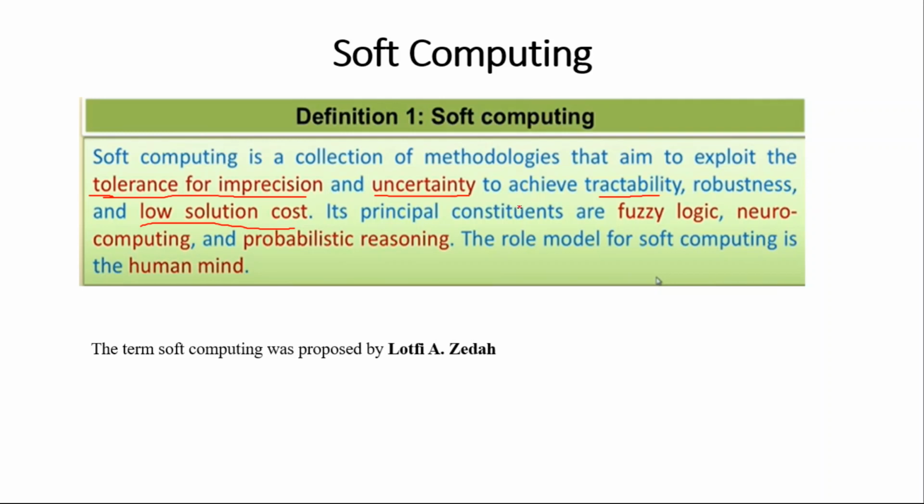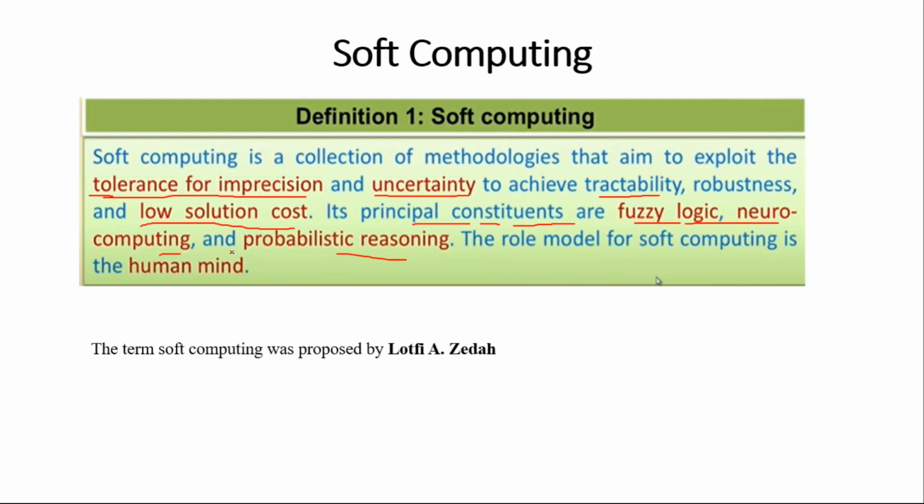Okay. And the principal constituents of soft computing, or you can say the techniques or the algorithms or the various methods that are used in soft computing, are fuzzy logic, neurocomputing, and probabilistic reasoning. So these are the key terms which are connected with soft computing.